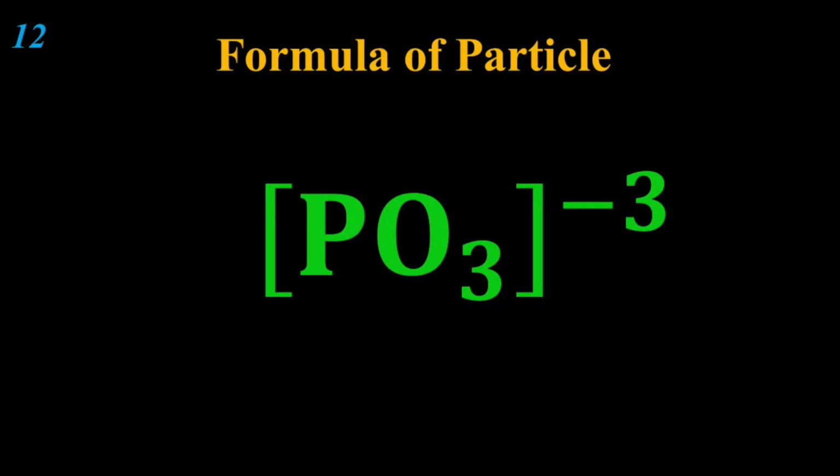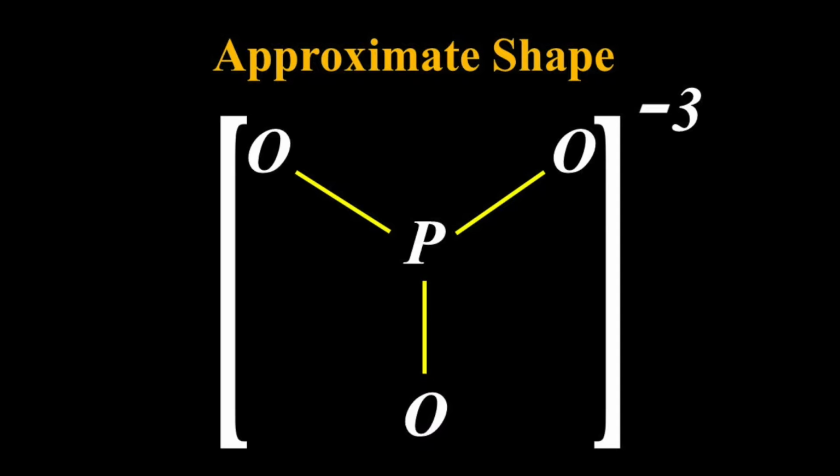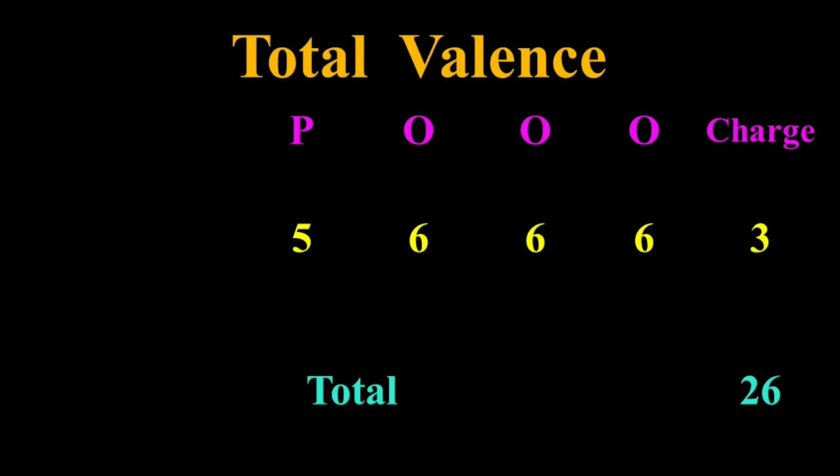Next, let's do phosphite. In phosphite, that's what we're going to put as the preliminary geometry until we get some more facts. So we want to do the total valence, and we see quite clearly that's going to be 5, 6, 6, 6, 3, which is 26.